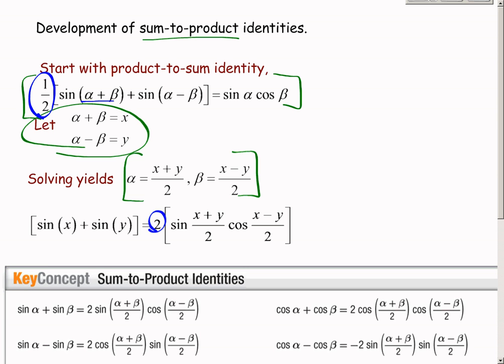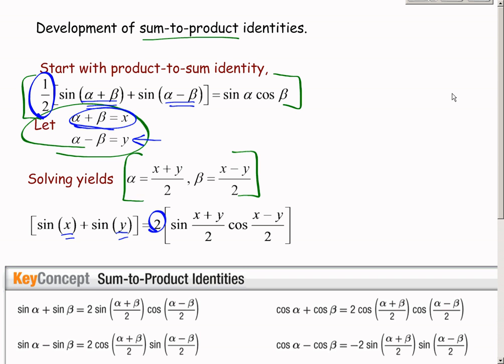Sine of x. Well, this alpha plus beta is x, so we're taking out the alpha plus beta and putting the x in its place. Then the alpha minus beta here is y, so we're taking out the alpha minus beta and putting y in its place.